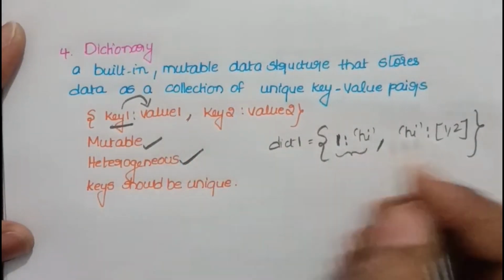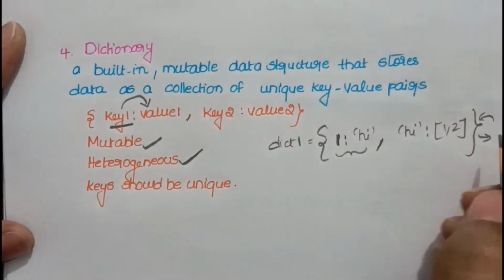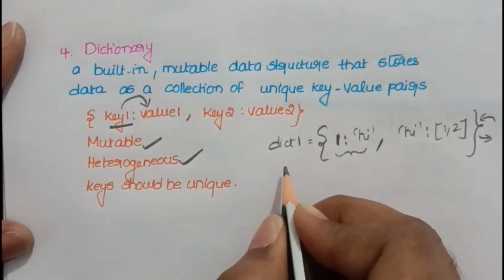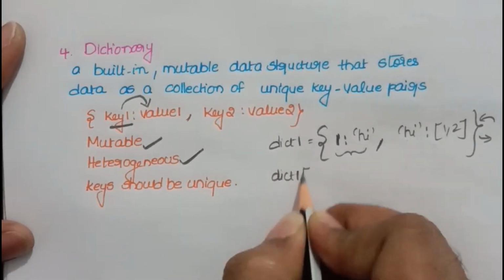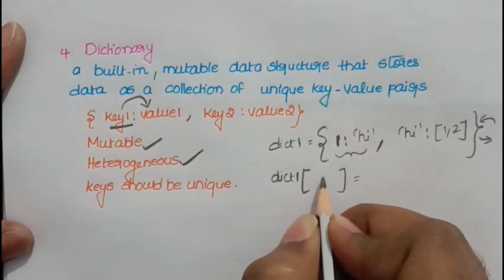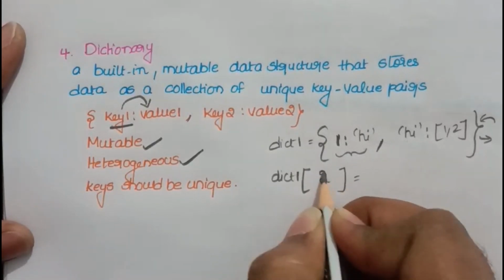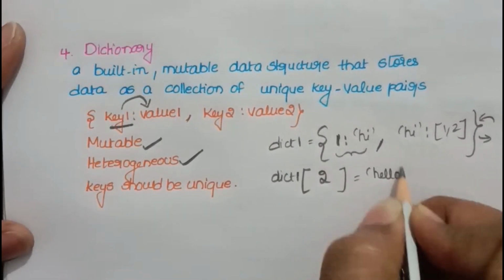Mutable. Mutable means you can add or delete values from the dictionary. If you want to add a new element to this dictionary, you have to use key-value pairs. Let's say I want to add a key 2 and its value is hello.